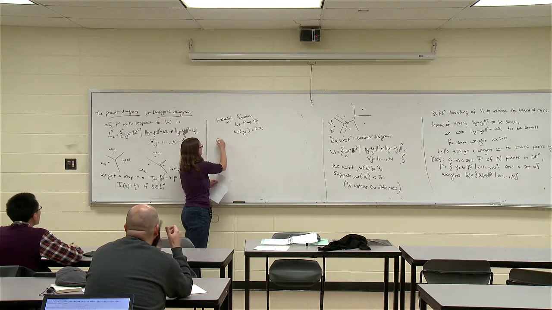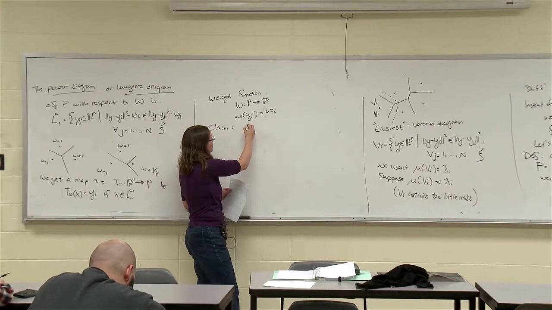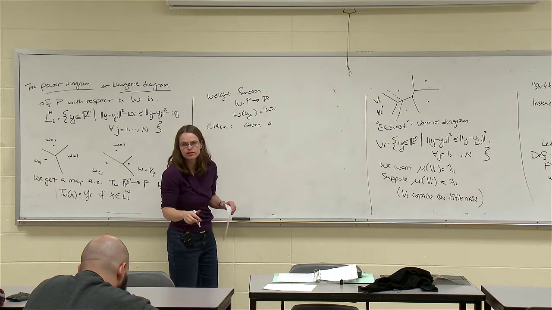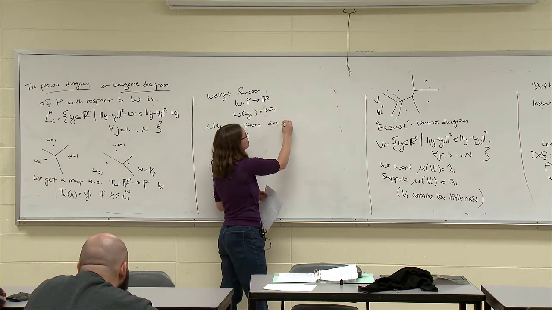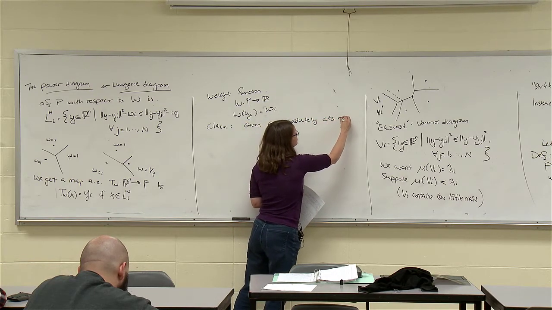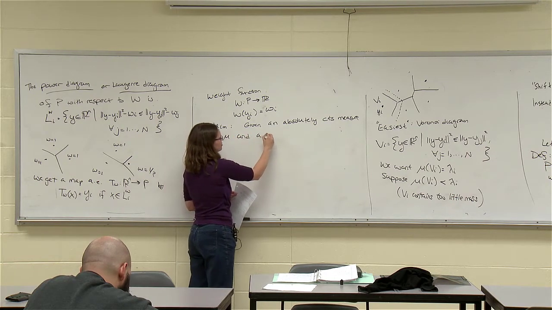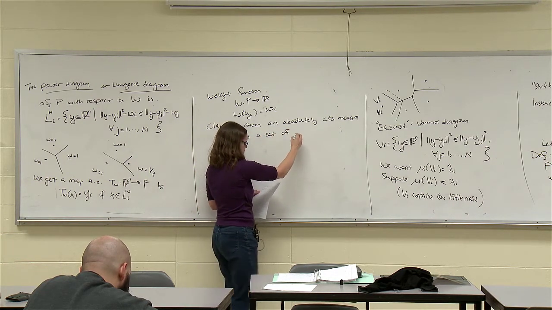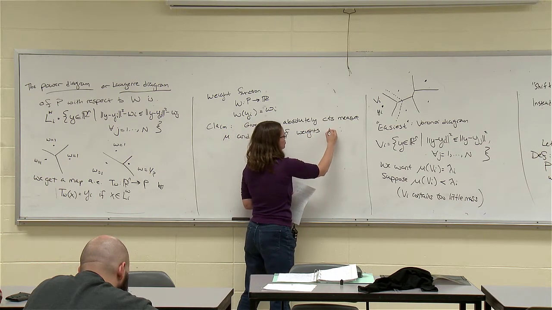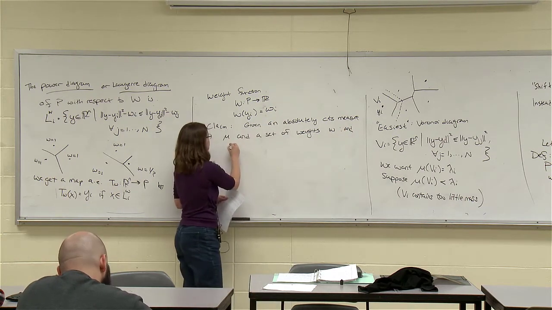Okay, so this is my claim. Given a source measure mu, some absolutely continuous measure mu, and a set of weights, so we've got our weights, W, and our set of points.